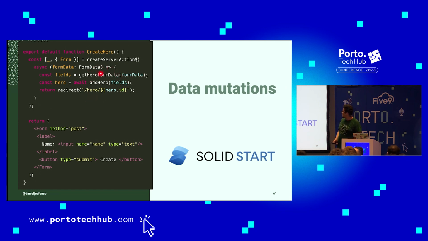So in this case, we are getting the form data, adding the data to our database, and once it has been successful, we are sending a redirect, which is an HTTP response with a status code 302, which is going to tell the browser, hey, you need to redirect to this route. So as you can see, we are using firstly forms, the staple of the web platform, and HTTP requests and responses, which are also part of the platform, so we don't need to use any JavaScript or any routing stuff. We're just using the browser.